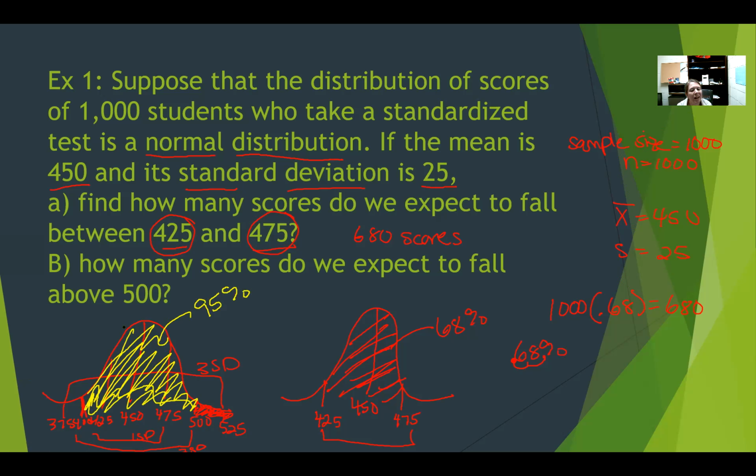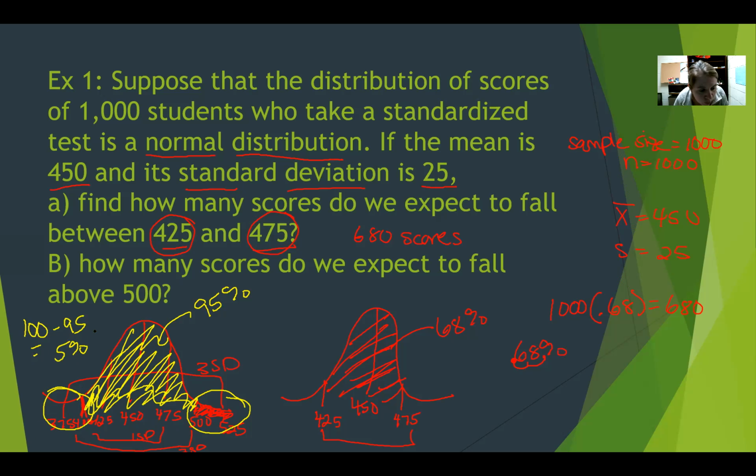So I know that 95% of the people are going to fall within 2 standard deviations. Well, I want to know this part. Well, we know what's left over from both of these, right? If 95% is all of this, and our whole normal distribution here is 100%, that means 100% minus 95%, these 2 yellow pieces on each end leave us with 5%, okay?